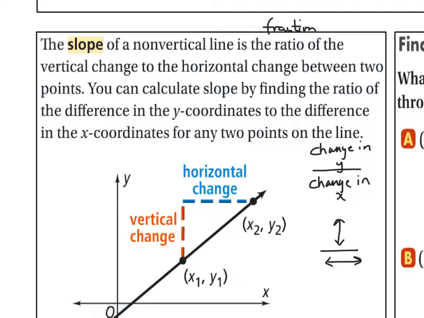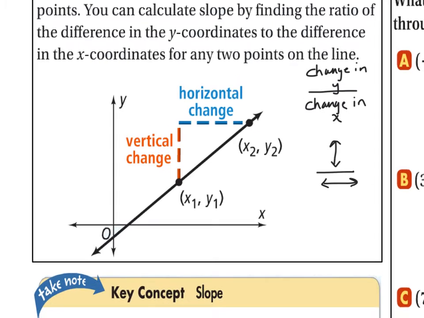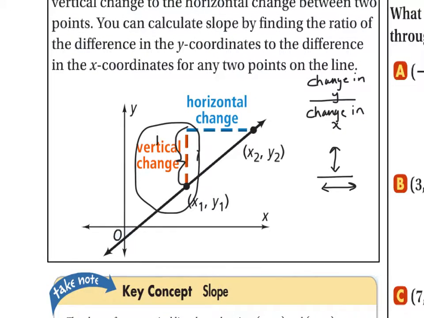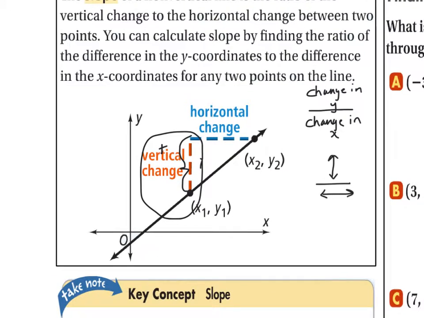As you can see from this picture, the vertical change is in the red. How much does it go up or down? So from this dot, for example, maybe you go up 3 units.